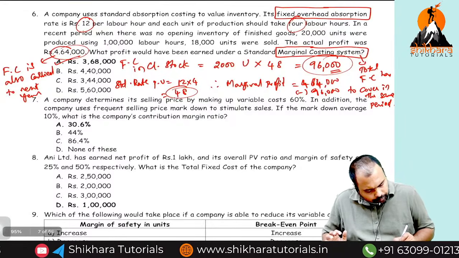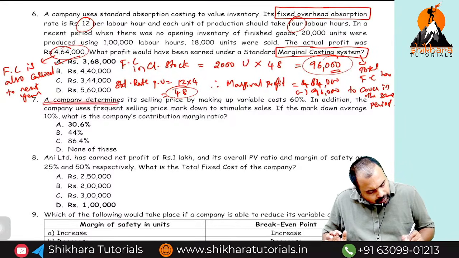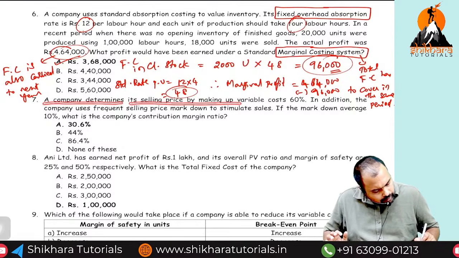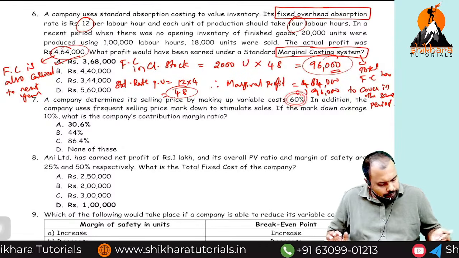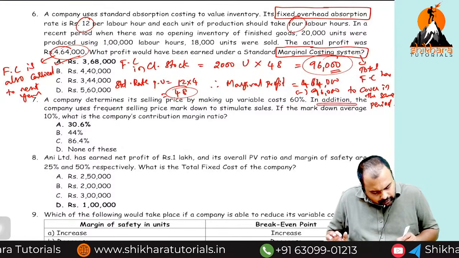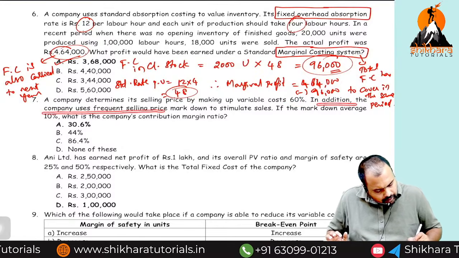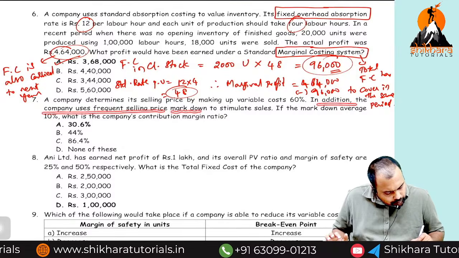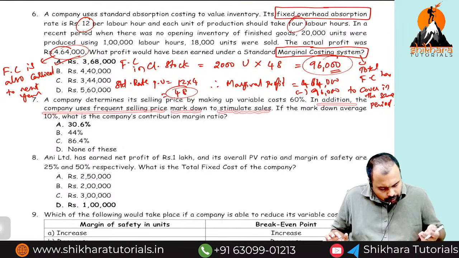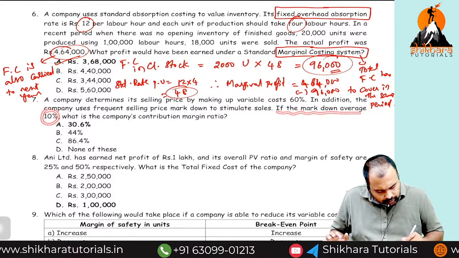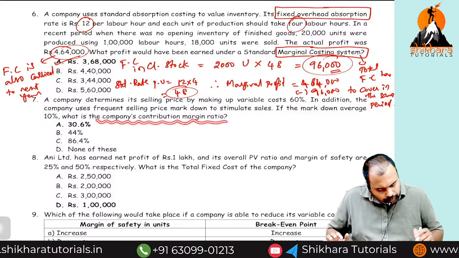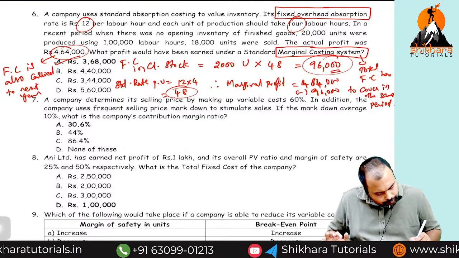Okay, next. A company determines its selling price by marking up variable cost by 60%. In addition, the company uses frequent selling price markdown to stimulate the sales. If the markdown average is 10%, what is the company's contribution margin ratio? Sir, listen.